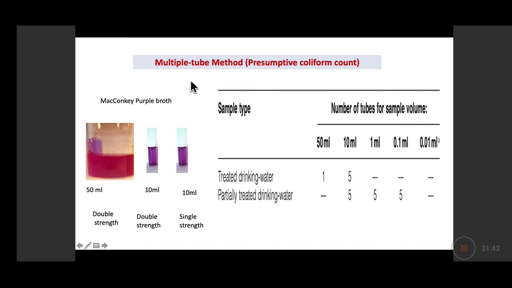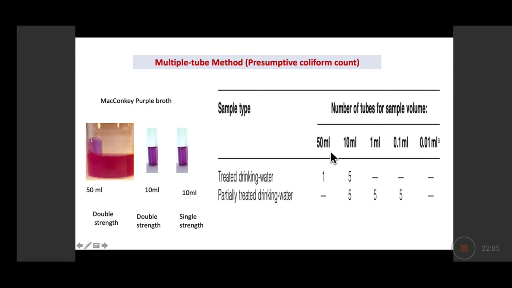Second, why do we call it the multiple tube method? Because we are using multiple tubes which have specific volumes of media as well as the water sample, and we are testing it. This table is recommended by WHO. They have given this for treated drinking water and for water which is polluted.